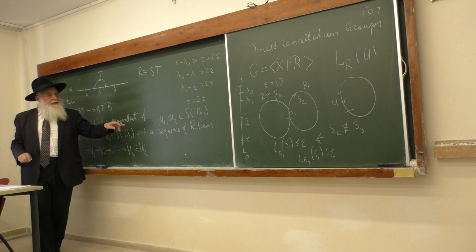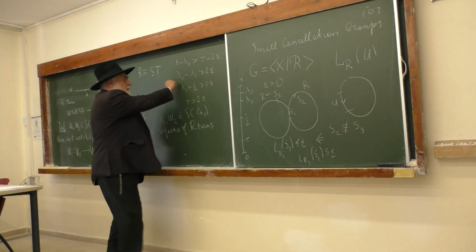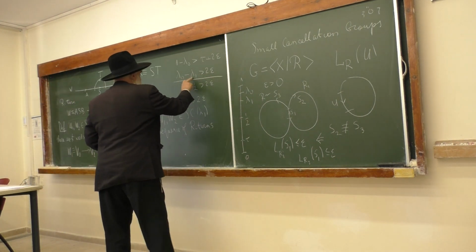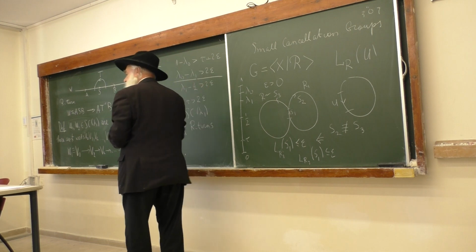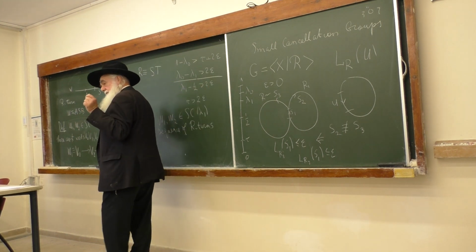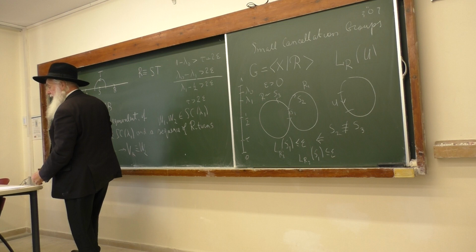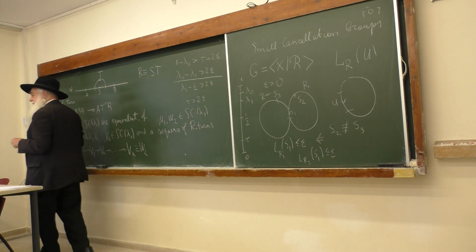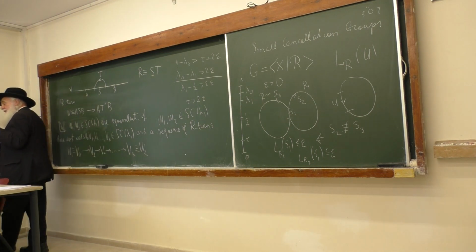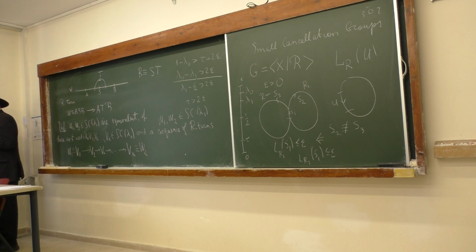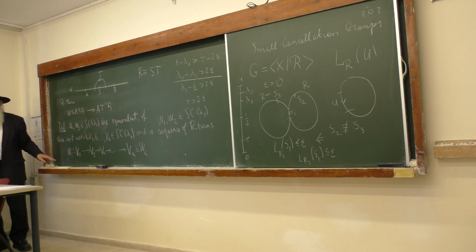And I also said that we have this condition that lambda 2 minus lambda 1 is bigger than 2. So this is now our original definition of equivalence of lambda 1 semi-canonical words. Let us see what we can get from this.